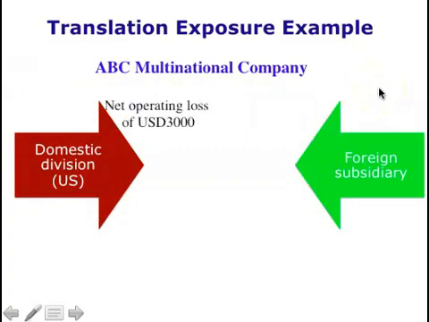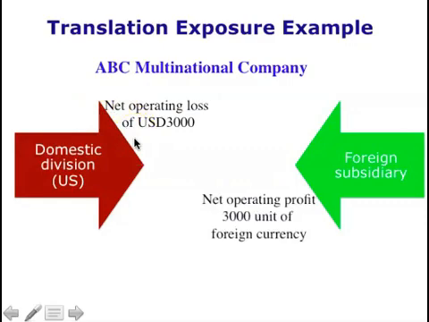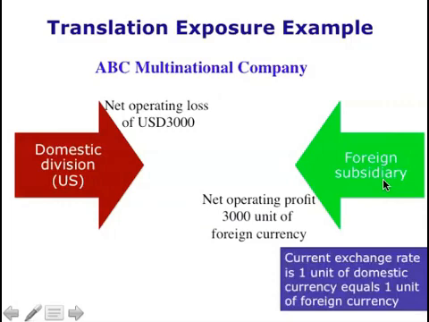Based on the financial statements, the domestic divisions experience a net operating loss of $3,000, and based on the financial statement of the foreign subsidiary, the net operating profit is 3,000 units of foreign currency. Assume that the current exchange rate is 1:1. One domestic currency equals one foreign currency.